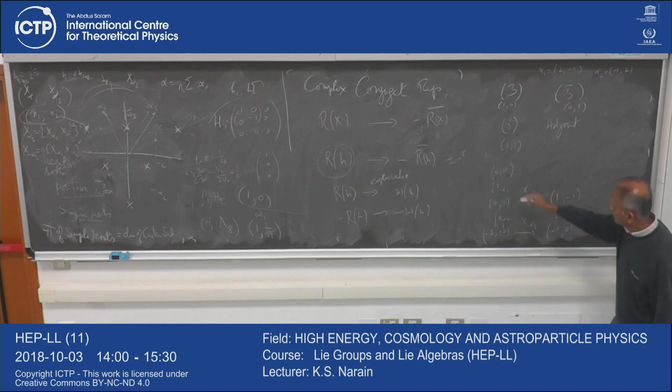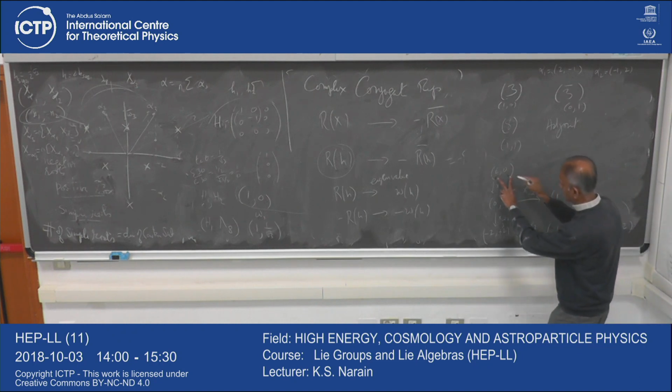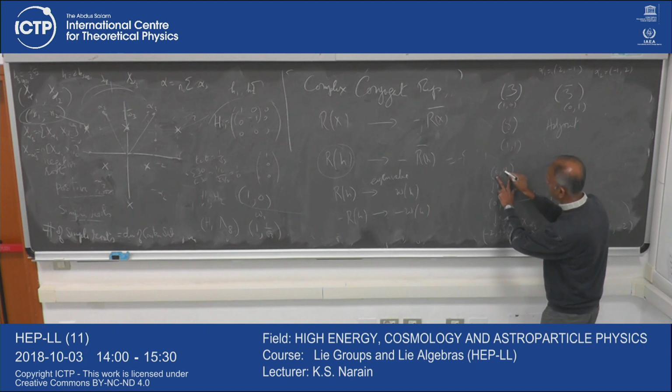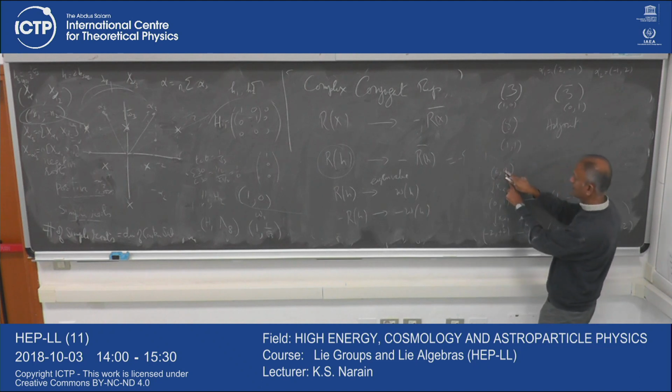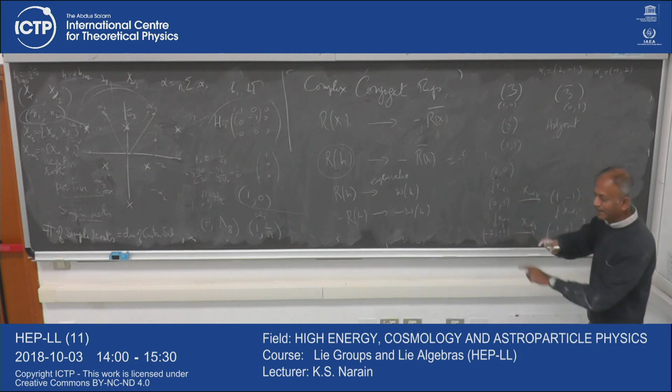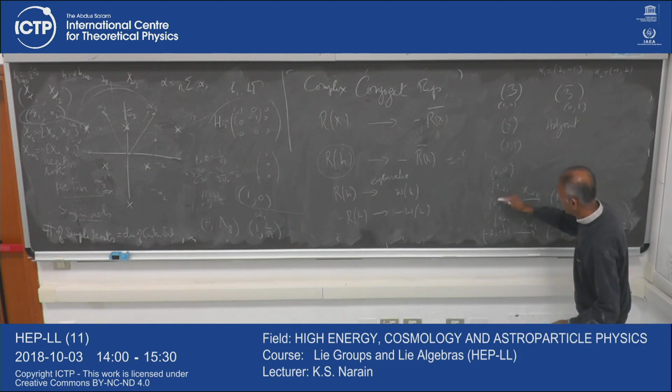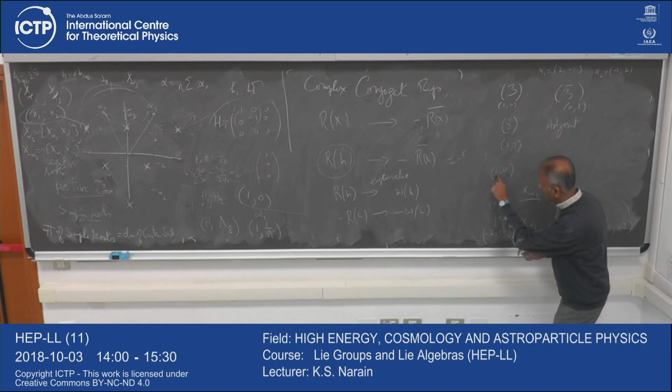So, okay, let me repeat the logic again. Here, the only thing I can apply is x minus alpha 1, because this is a singlet of x alpha 2. You agree, right? Yeah. Okay. So I come here. The fact that it is spin 1, I know that I can apply this 2 times. So I have these states.